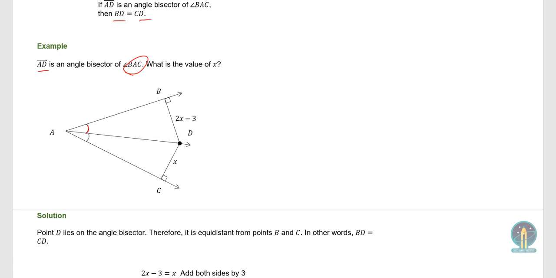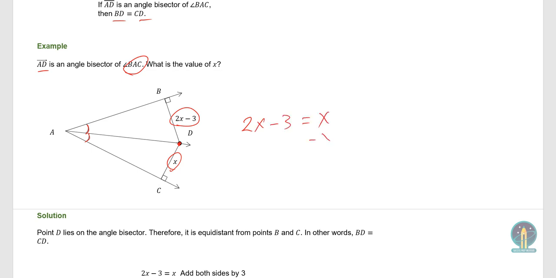So again, bisected angle, angle A, and this happens to be a point on the bisector. Therefore, BD has to equal CD. So we can just write an equation, 2x minus 3 equals x.